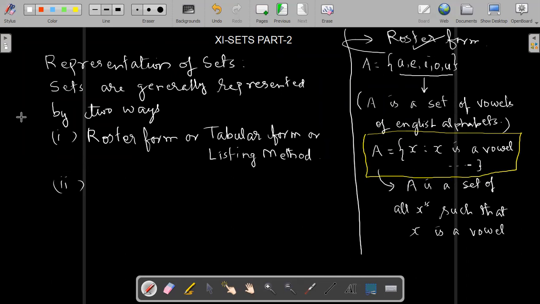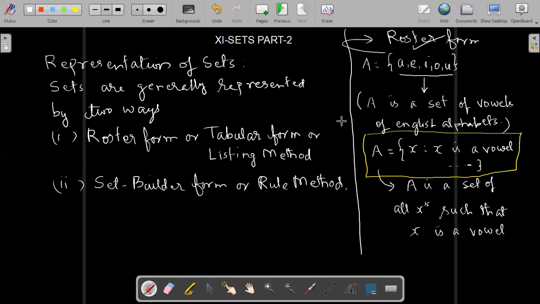That is called set builder form, or it is also called rule method or rule form.